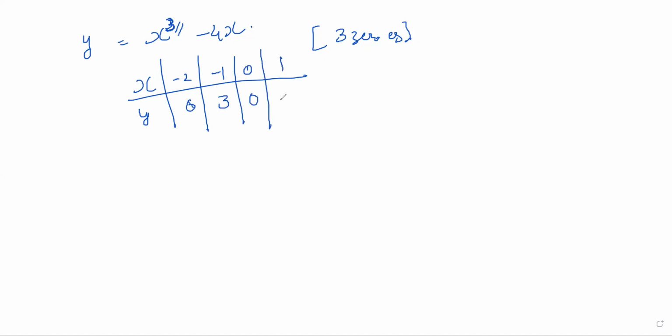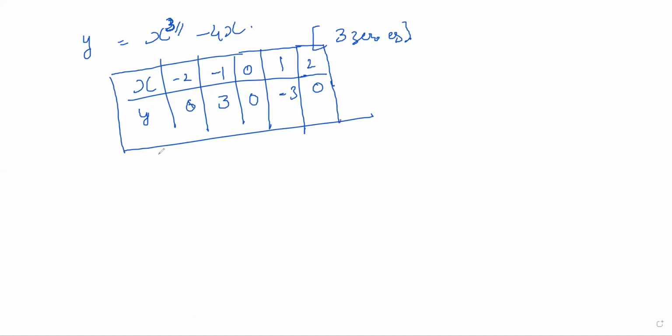When x is 1, it is -3. When x is 2, y is 0. Okay. Here we have three zeros: 1, 2, 3. Which values are making the polynomial 0? These values are called zeros of the polynomial.